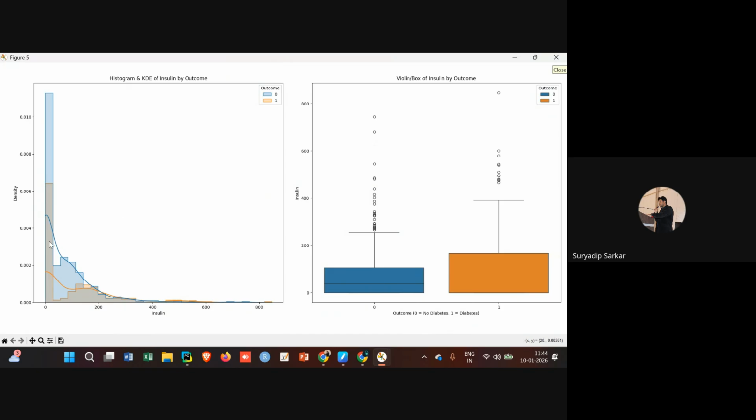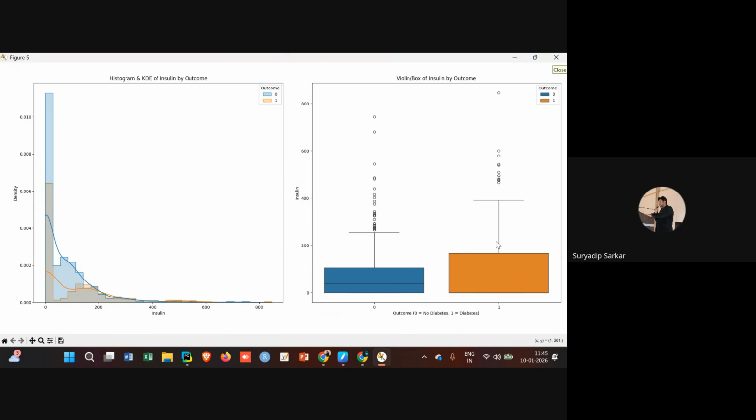So insulin here is also not particularly associated with the outcome, because as you can see, the distribution of insulin for non-diabetic people coincides very well with that of the diabetic people, right? And even the modes are pretty similar. This particular mode here has a little bit of a deviation but is very similar. You can see that insulin is not really affecting this a lot.